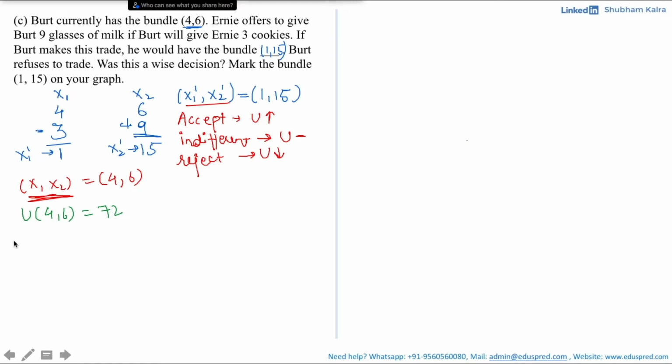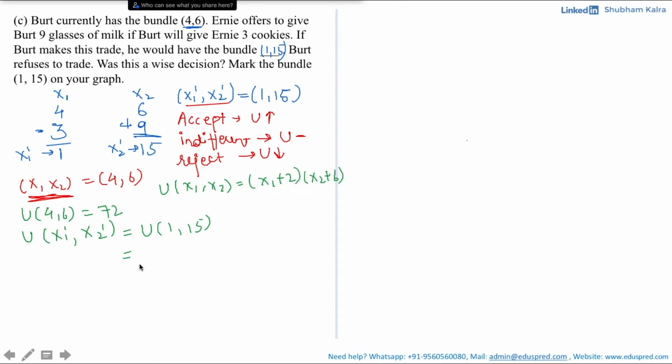If you do not recall this value, you can go back and watch my previous video to understand how I'm getting it. Now, let's calculate the utility at the new consumption bundle, x1 dash, x2 dash, which is the utility at 1, 15. The utility function in the question takes the form of x1 plus 2 multiplied by x2 plus 6.